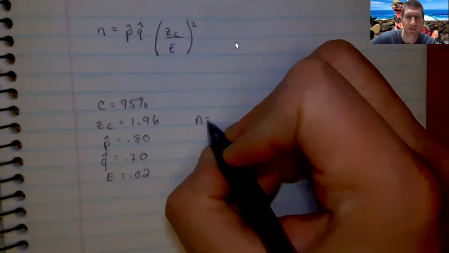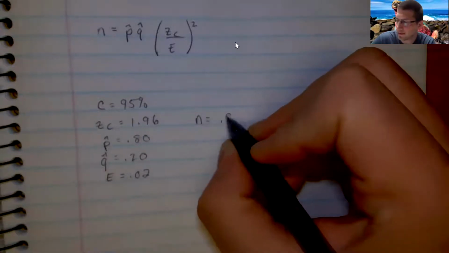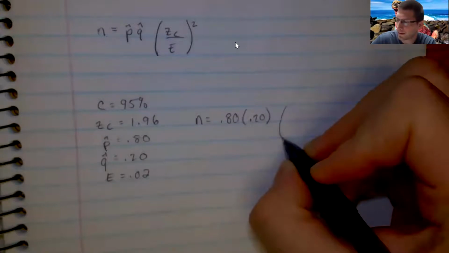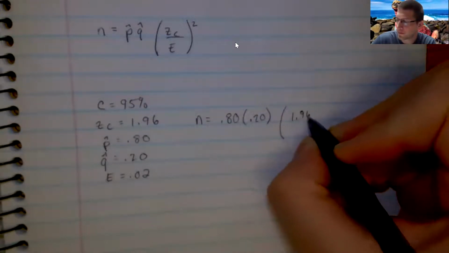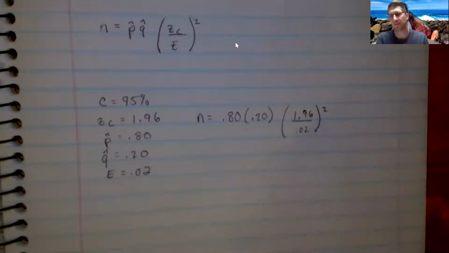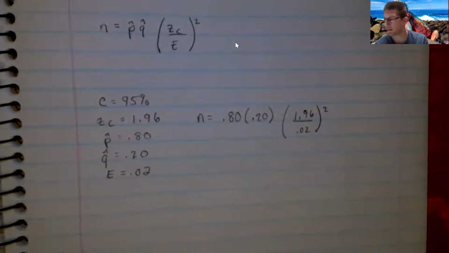To find my sample size, I take p hat times q hat times my z-score divided by my margin of error, and then I square it all. So I'm going to type that into my calculator: 0.8 times 0.2, multiplied by 1.96 divided by 0.02, squared.